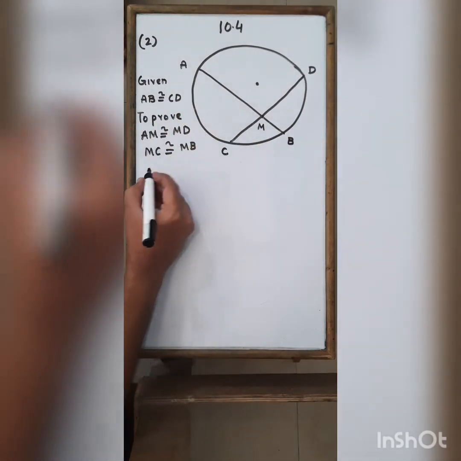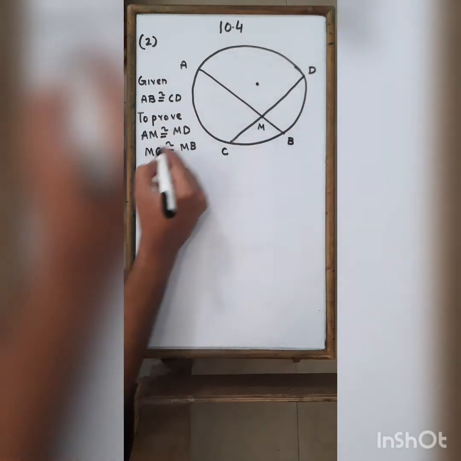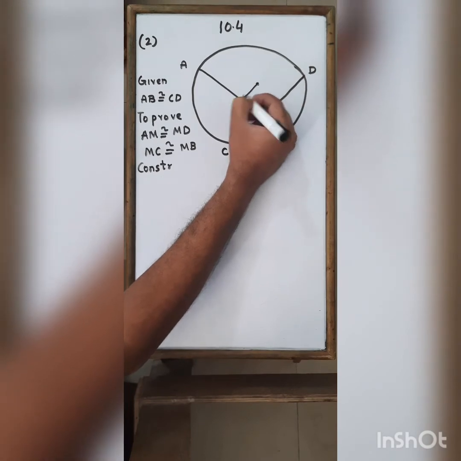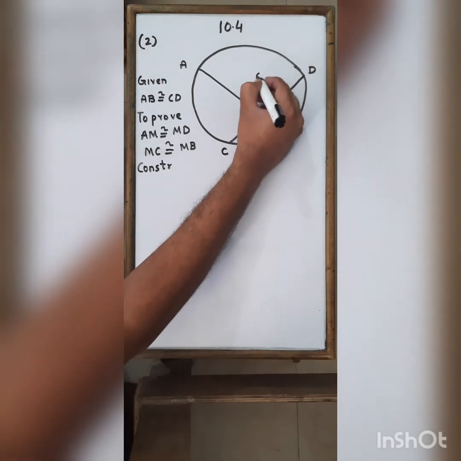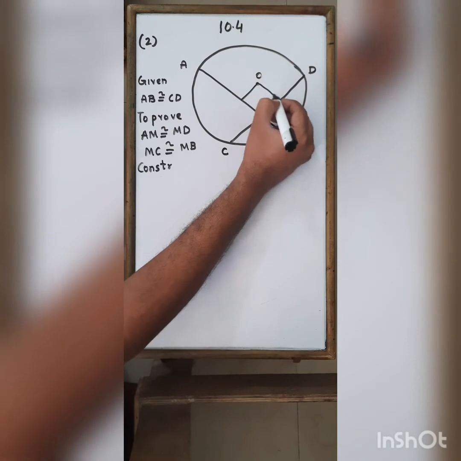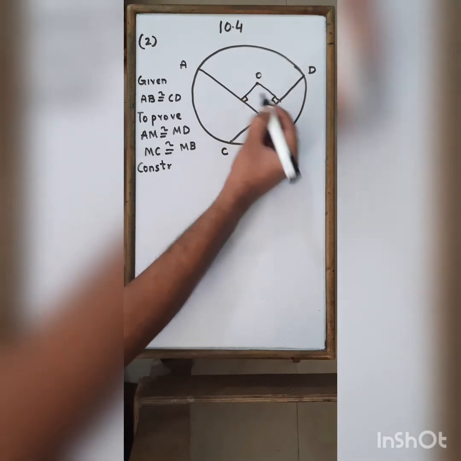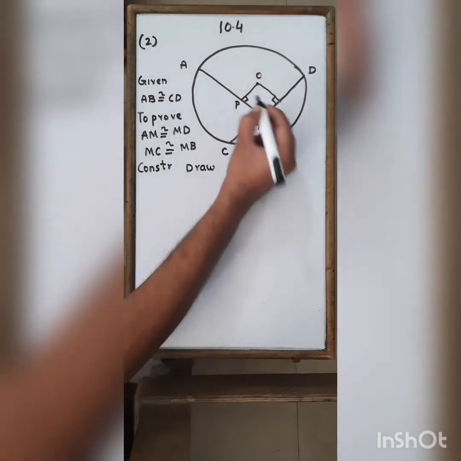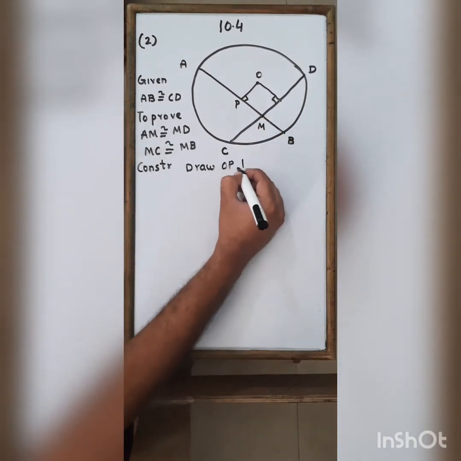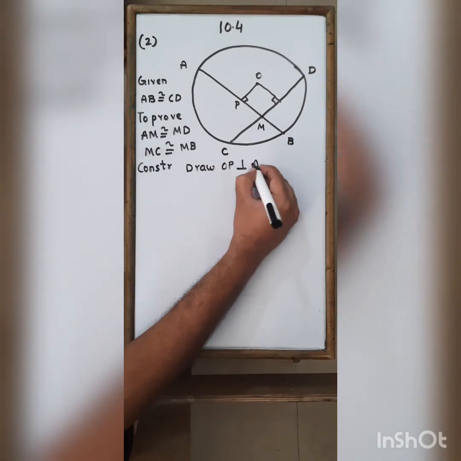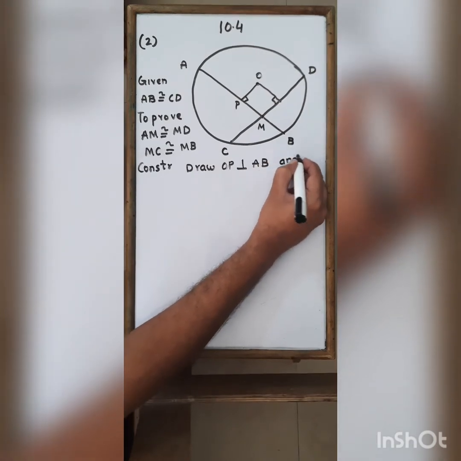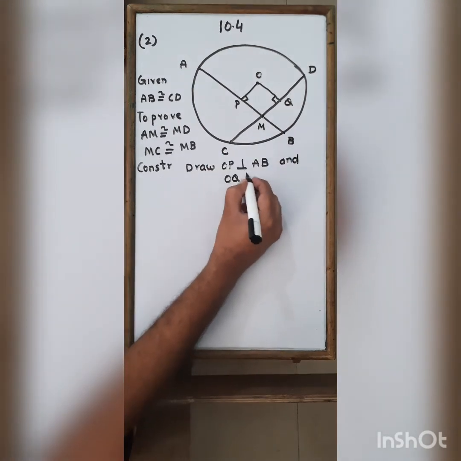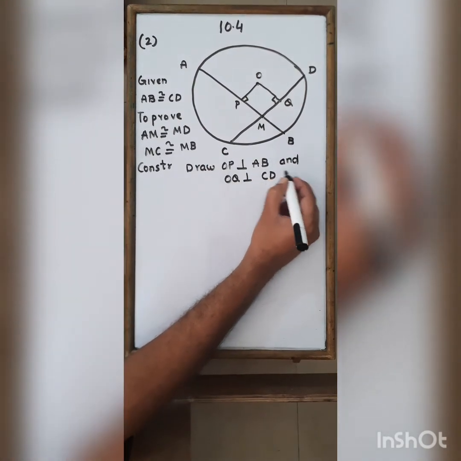Now construction: this is the center of the circle, and this is the perpendicular you draw. So construction, draw OP perpendicular to AB and OQ perpendicular to CD.